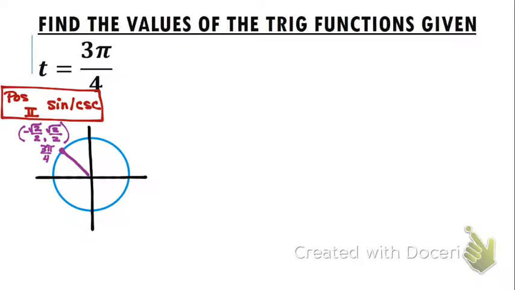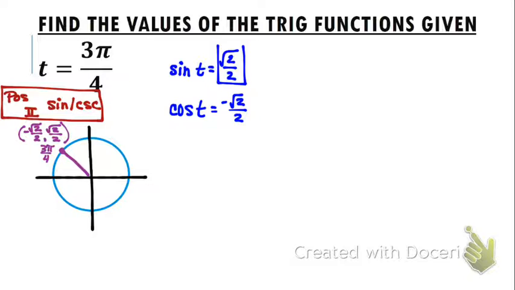Do I have everything I need to write my 6 trig values? Yes. What's my sine? Square root of 2 over 2. What's my cosine? Negative square root of 2 over 2. What's my tangent?